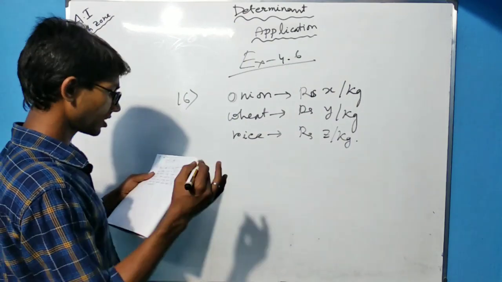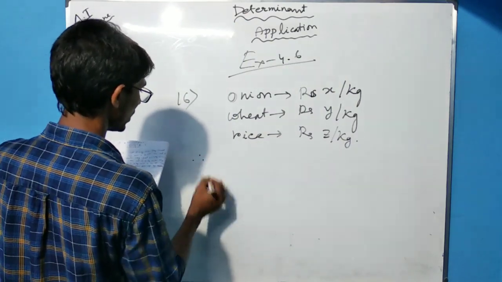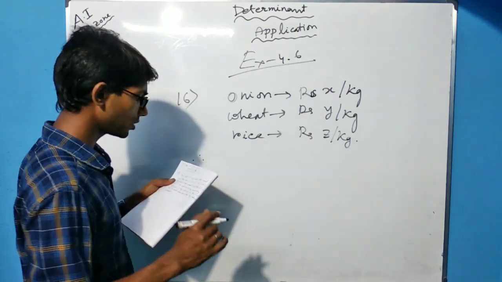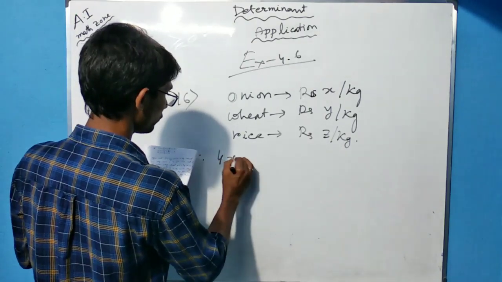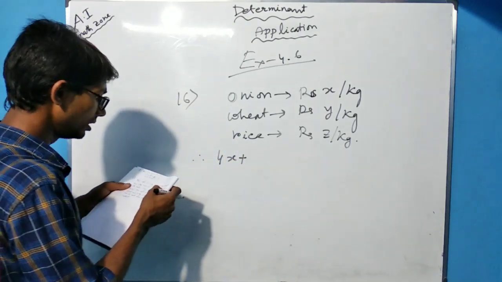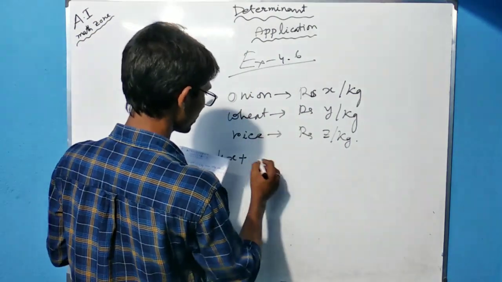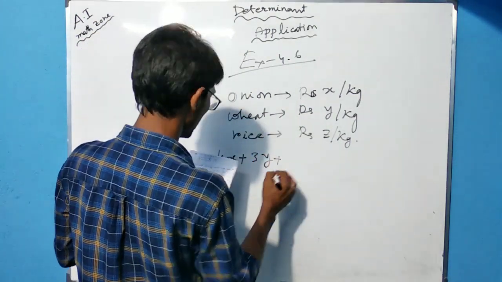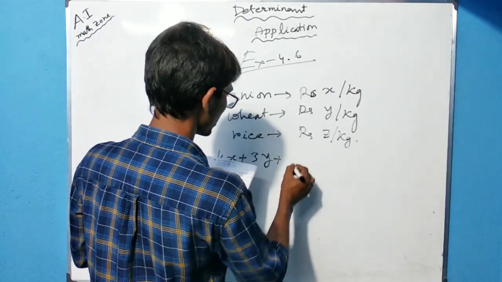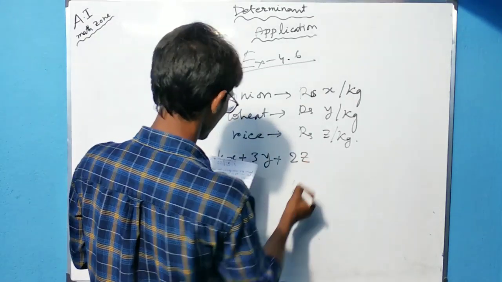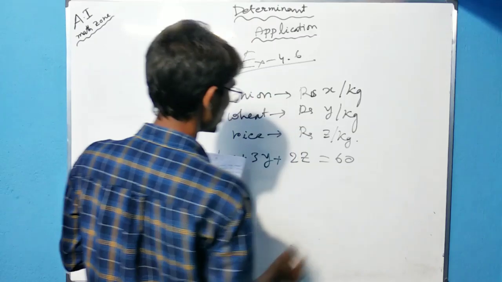Then from the first instruction, according to the question, 4 kg onion, so 4x plus 3 kg wheat, so 3y plus 2 kg rice, that means 2z is equal to 60.